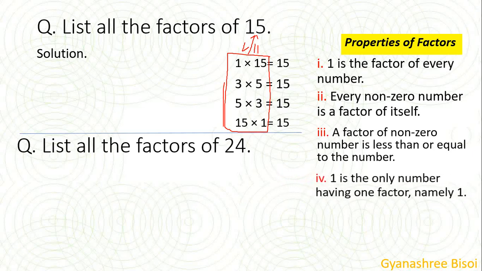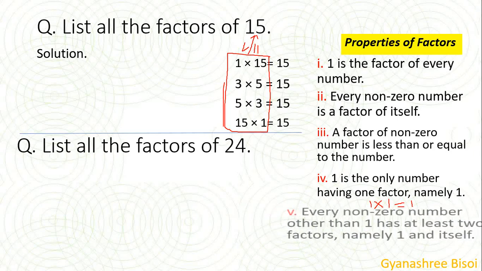Right? 1 is the only number having one factor. Example, 1 multiplied by 1 equals 1. There is no other way to multiply, right? So, 1 is the only number having one factor, namely 1.